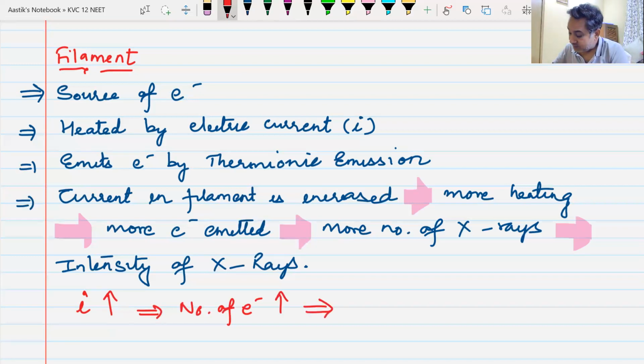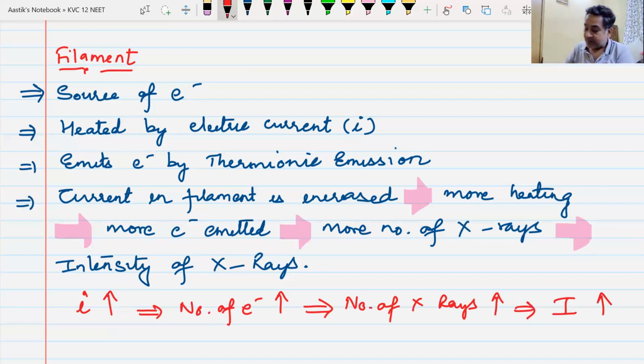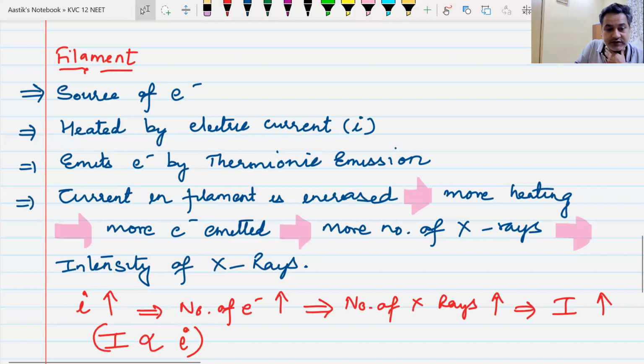That implies the number of X-rays is increased, so the intensity of X-rays is increased. That means the intensity of X-rays is directly proportional to the current I in the filament. I'll give you 2 minutes to note this down.